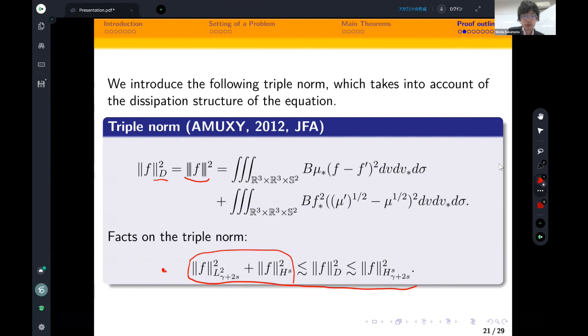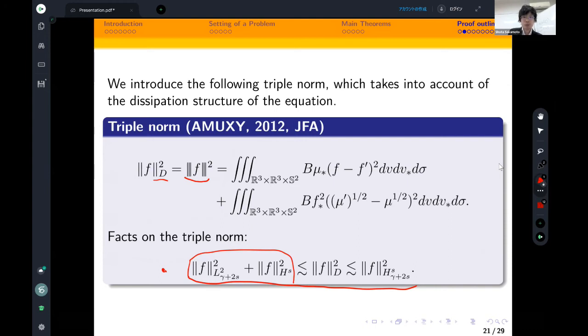So if we have a weight function only for the 0th order term, then FD should be bigger. And if we employ a weight function for all the derivatives up to F order, then this FD is smaller.